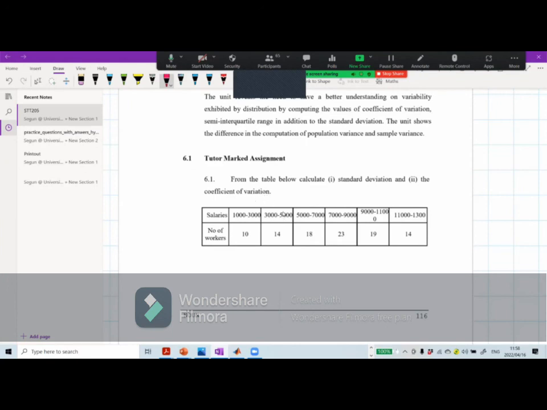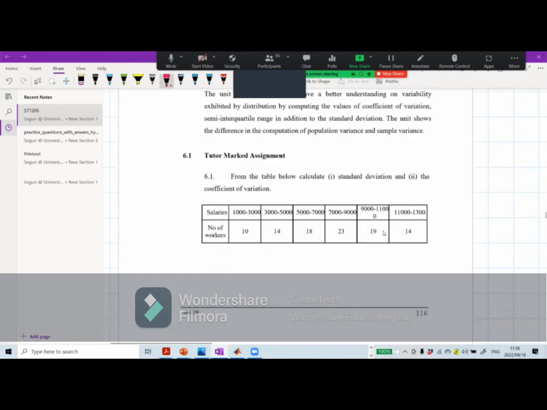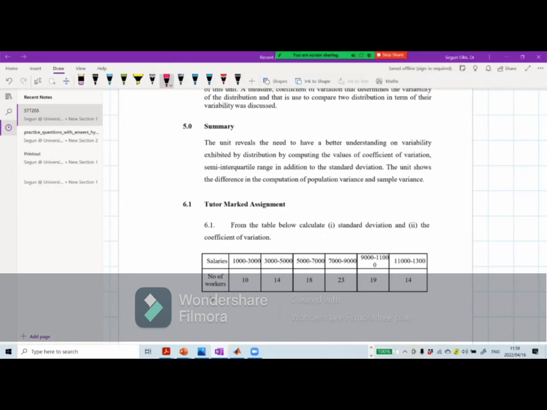Page 116. If they ask you to calculate this, this is your X, this is your class interval, and here is your frequency, F.